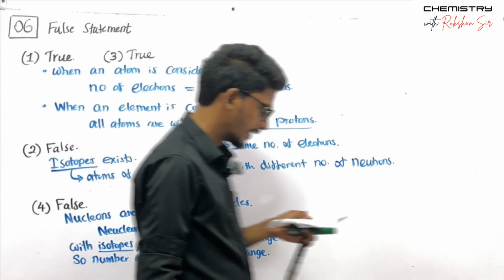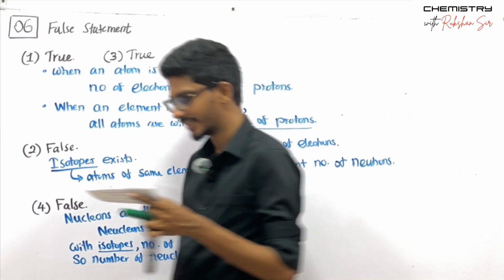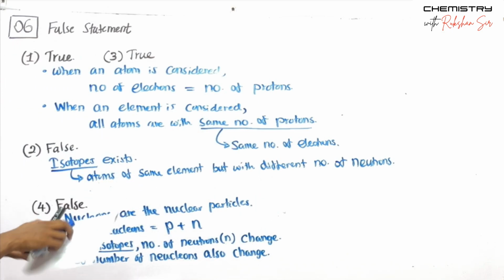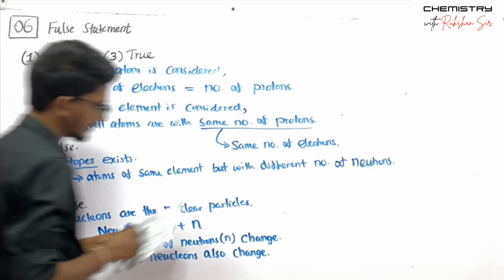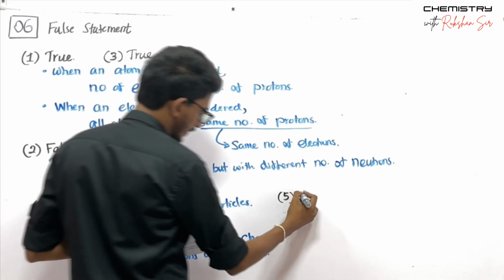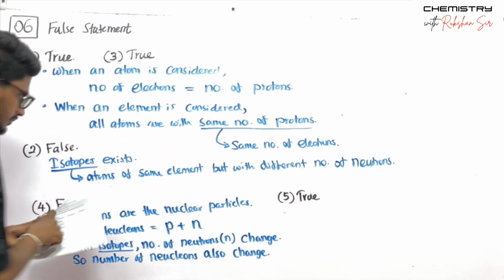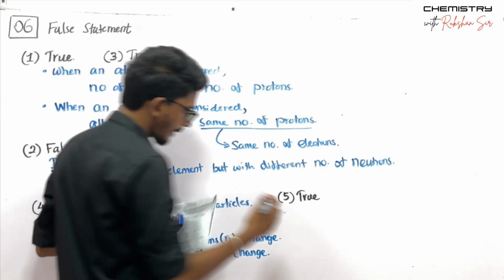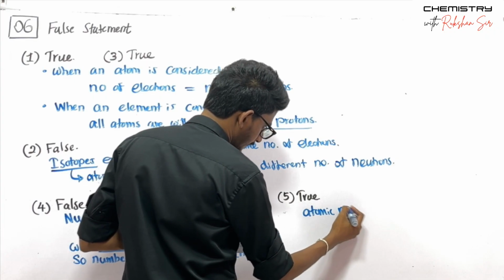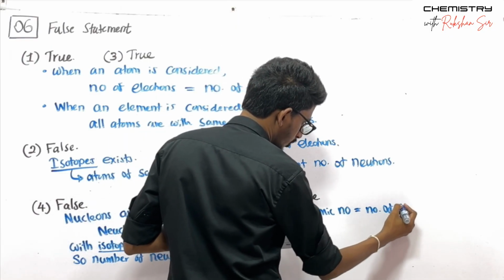Number 5: in an element, the atomic number is equal to the number of electrons it has in an atom. This statement is true. The idea is, atomic number is equal to the number of protons.